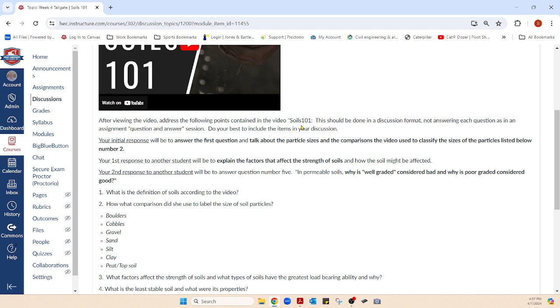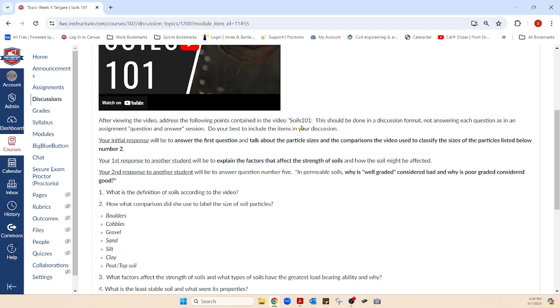Let's get down to this tailgate. Your initial response: my rubric, as I've said in the past, is designed in such a way that I need 3 responses from you, and your initial response is worth up to 35 points.